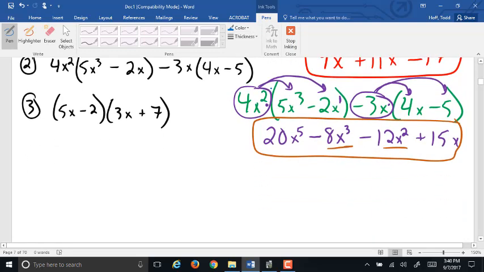Okay, well then let's go on to number 3 here. I'm going to cheat and go ahead and use the FOIL method to make this a little quicker. So we've got the first. 5x times 3x is 15x squared. Outer or outside, 5x times 7.